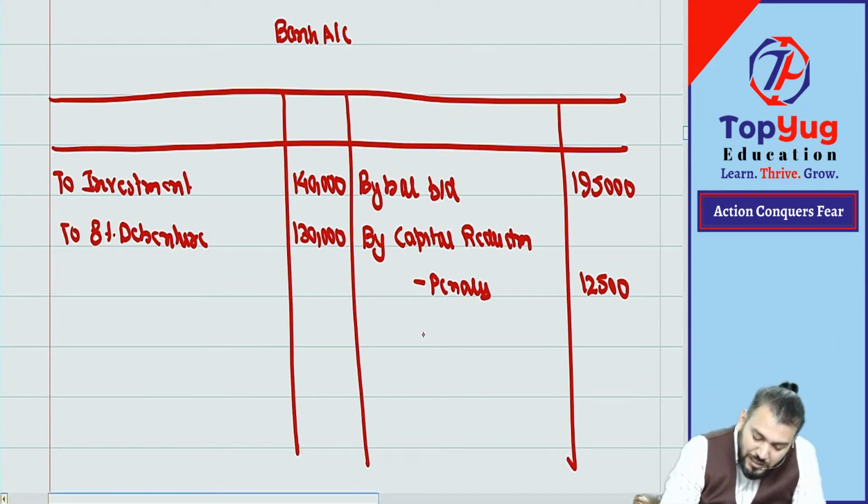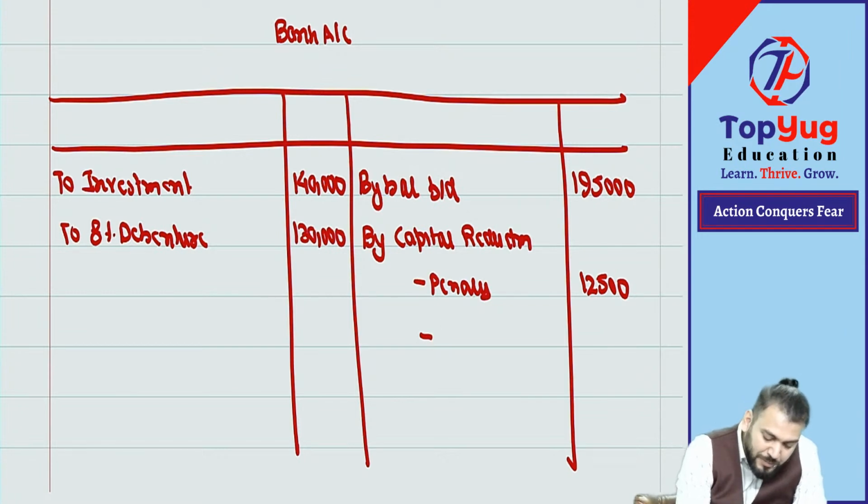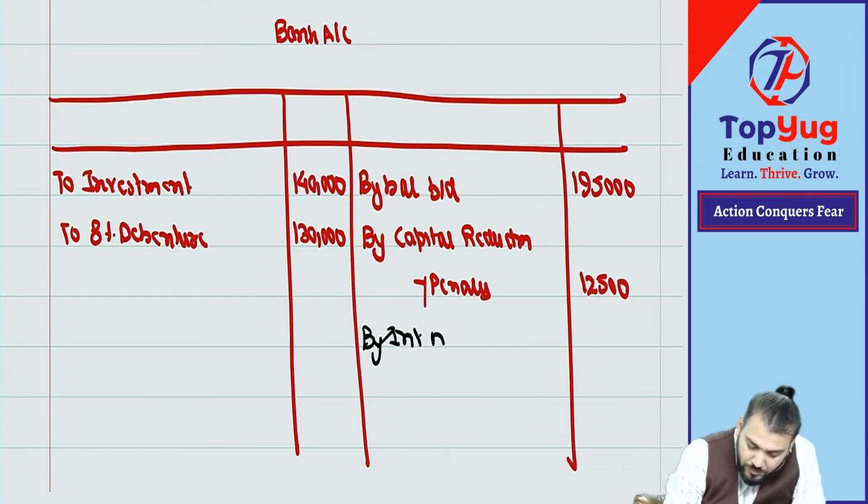Interest paid. You can add here only interest paid now, interest on debenture. What is the amount? 22,500. Any more?